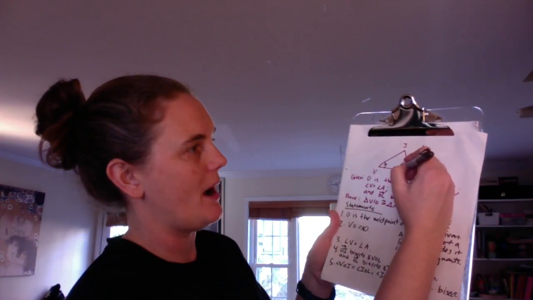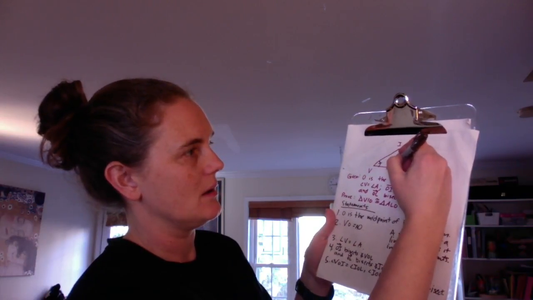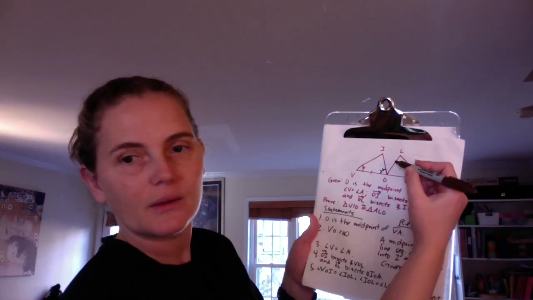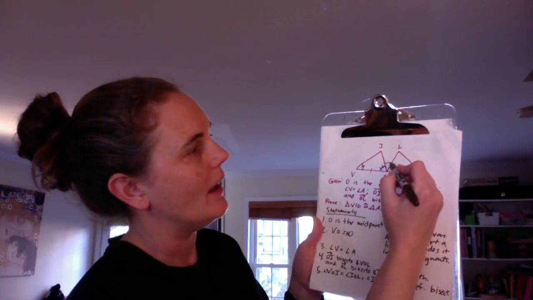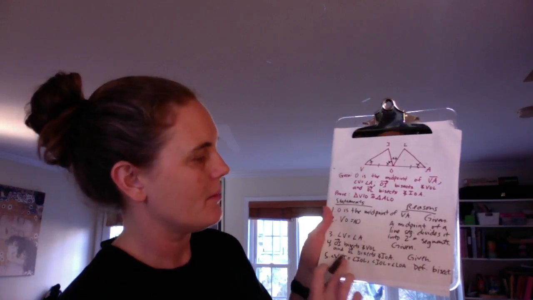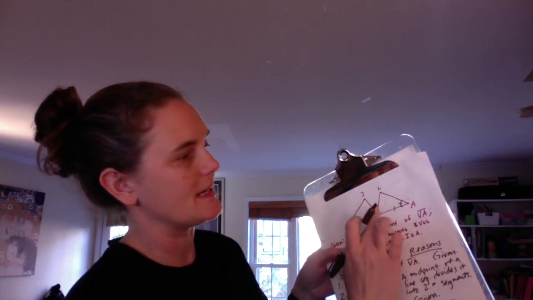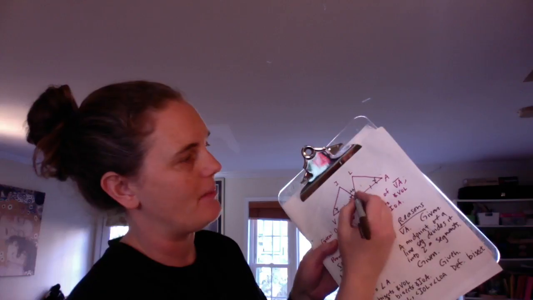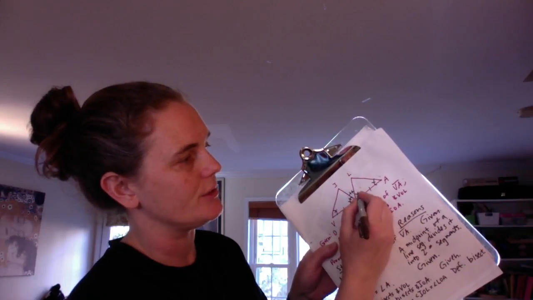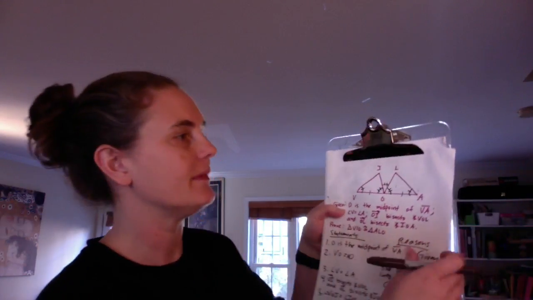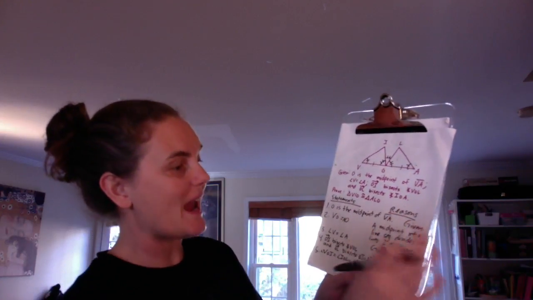We know that VOI equals IOL, but we also know that IOL equals LOA. So that means we get to use the same marks. That means this one must have the two tick marks also. So that looks great.